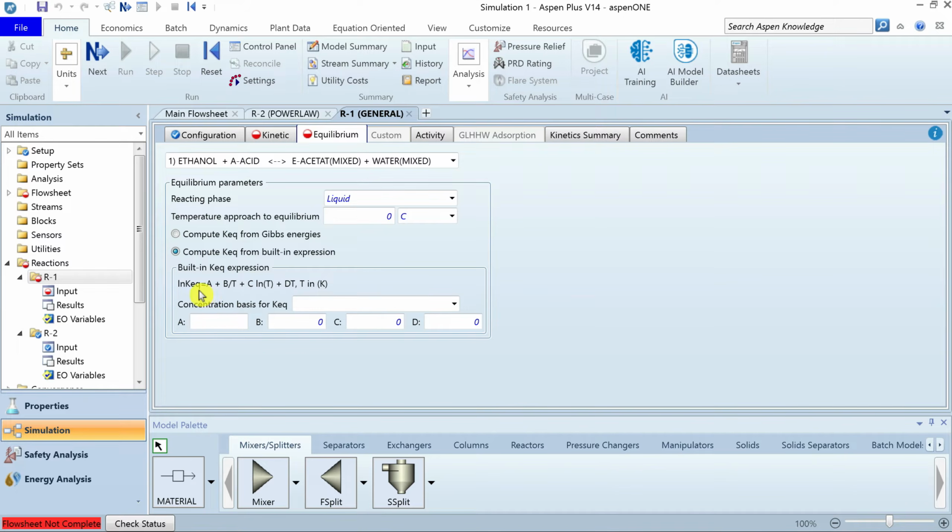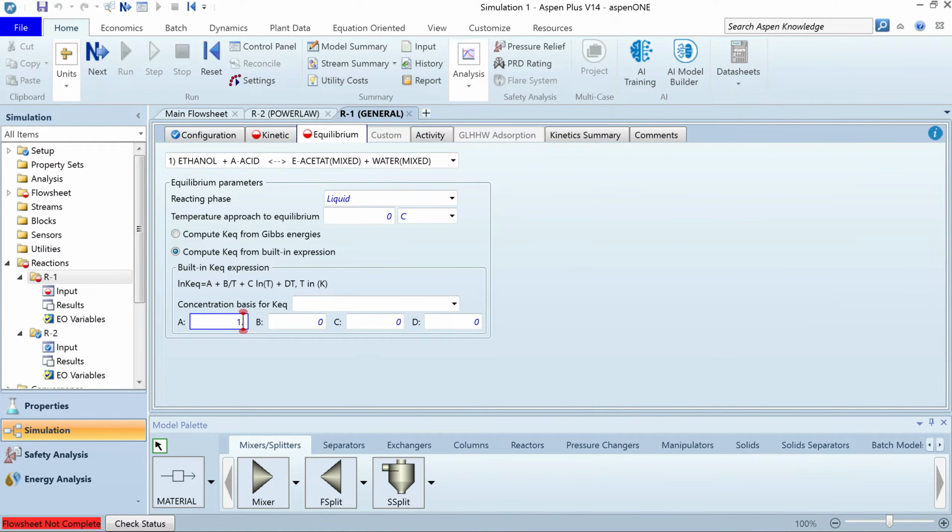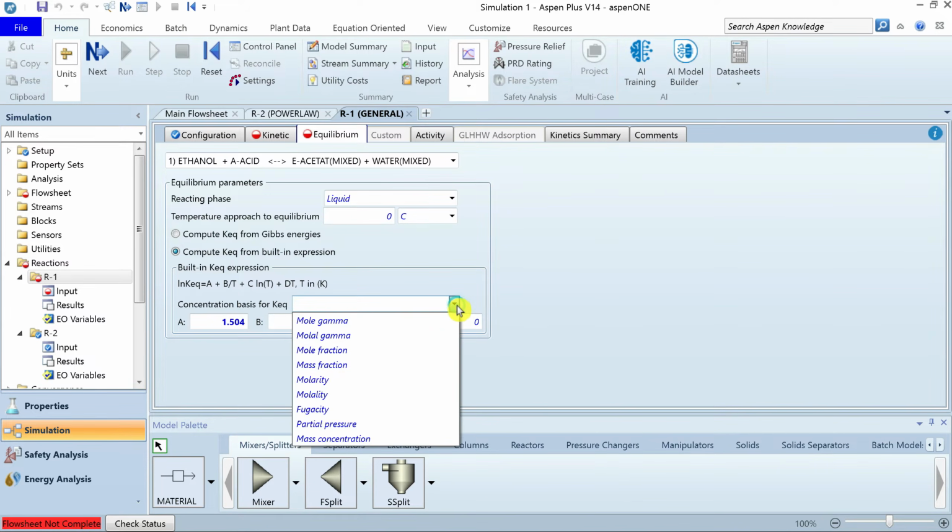So we have to take the natural log of the k equilibrium value to determine the coefficient a value. So the natural log of k equilibrium is 1.504. That directly defines the value of a coefficient. And the concentration basis for the equilibrium constant is molarity.